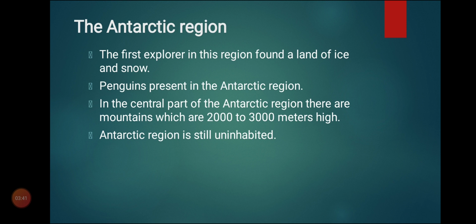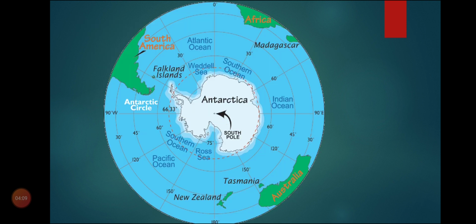In the Arctic the temperature is about -23 degrees centigrade, but in the Antarctic it is about -87 degrees centigrade. This temperature is so low and the climate so cold that humans can't exist there. That's why the Antarctic region is still uninhabited.